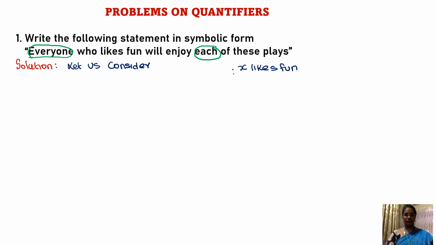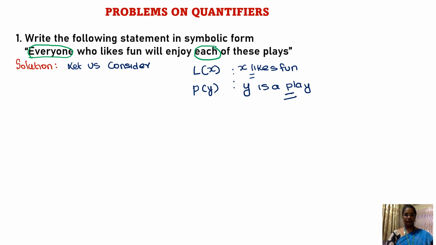Here I take likes fun to be my predicate and x is a variable, so it is the predicate applied to the variable. Next, each of these plays. I now consider a propositional function: y is a play, with the predicate P and the variable y.